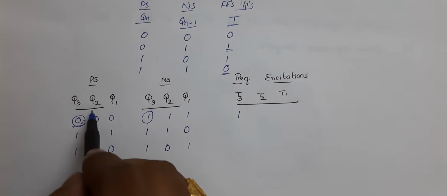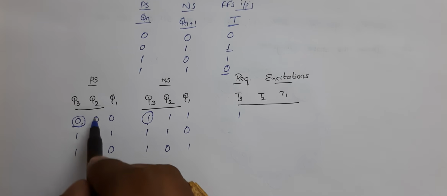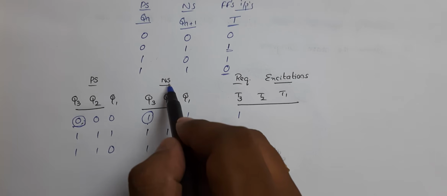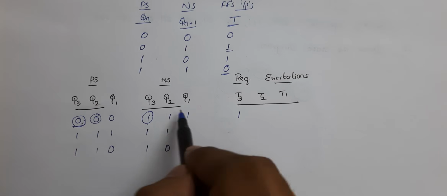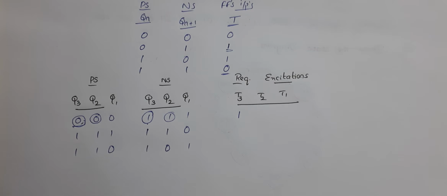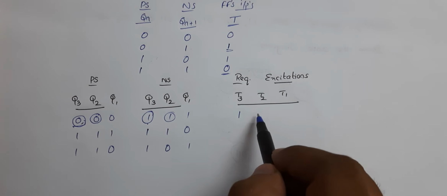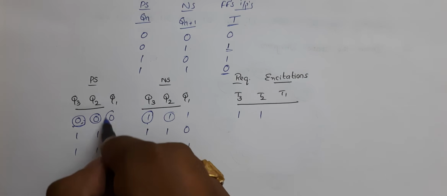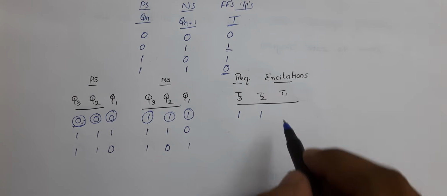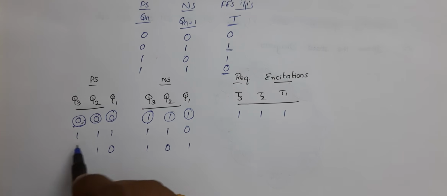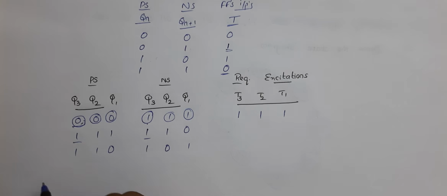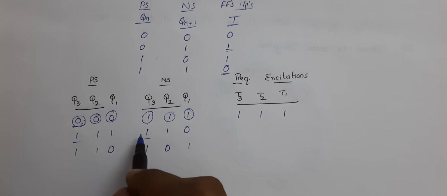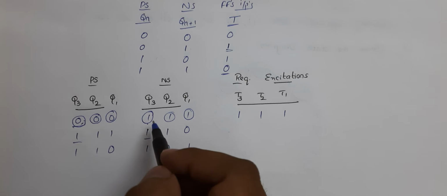Similarly for Q2, compare present state output Q2 with next state output Q2. Here also 0 to 1. So 0 to 1, what is the T flip-flop input? The T flip-flop input should be 1 only. Here also for Q1, 0 to 1, so again 1. Similarly for 1, 1 in the next row, just compare. For 1, 1, what is the T flip-flop input?